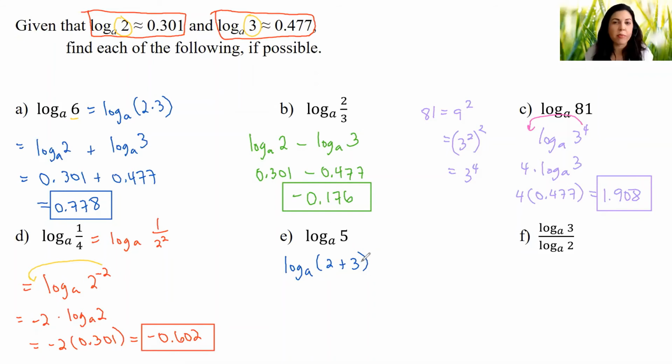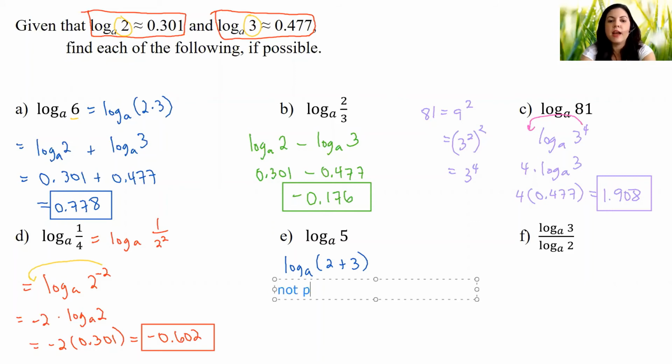This is not a property. If we had the sum of two separate logarithms, if we had log of 2 plus log of 3, we could combine them using multiplication. But the fact here that we have the logarithm of a sum, this is not one of the properties. Do not fall for this trap. That's why the instructions say to find each of the following if possible.